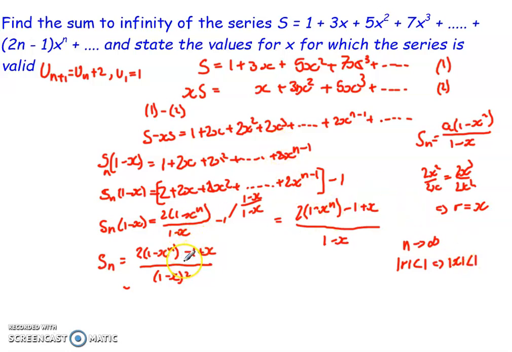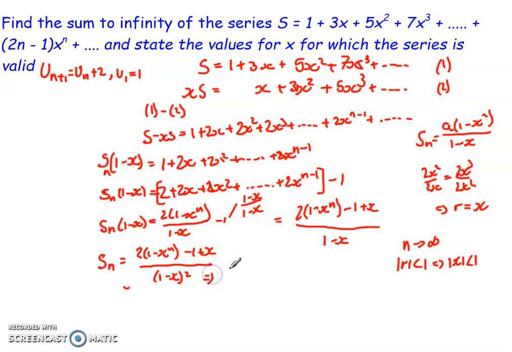And if this exists and I let n tend towards infinity, what's going to happen is that the power of n becomes the dominant term, and because I'm taking my common ratio to be less than 1, which means x has to be less than 1, this is going to tend towards 0.